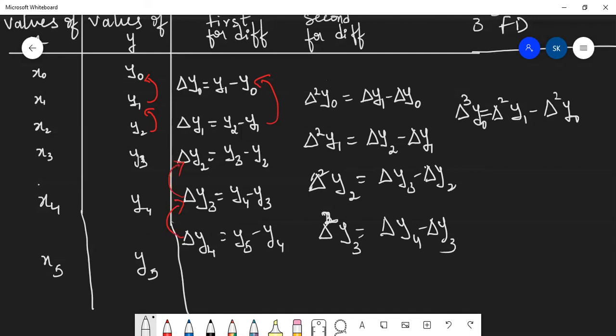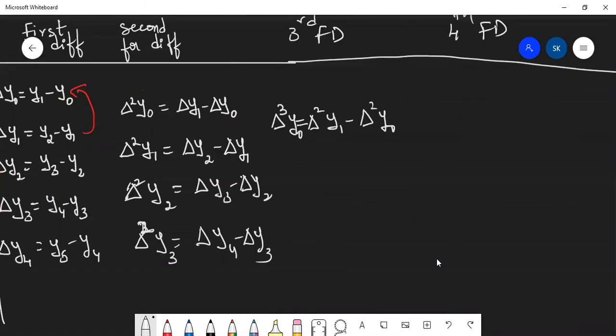Now we'll go to the third forward difference. We have done delta square y1 minus delta square y0, which gave delta cube y0.